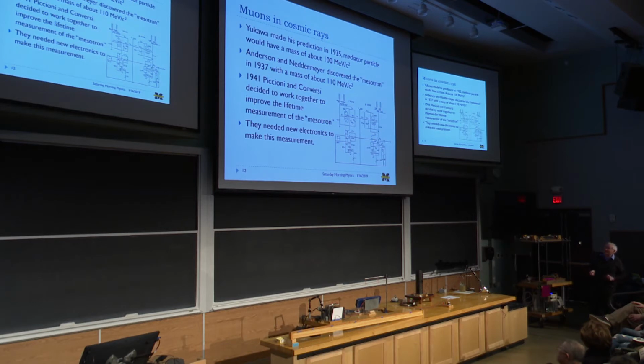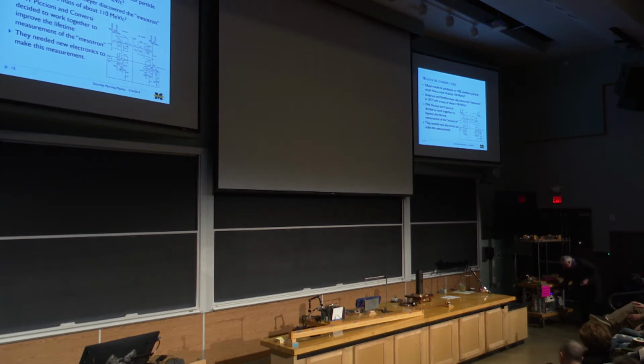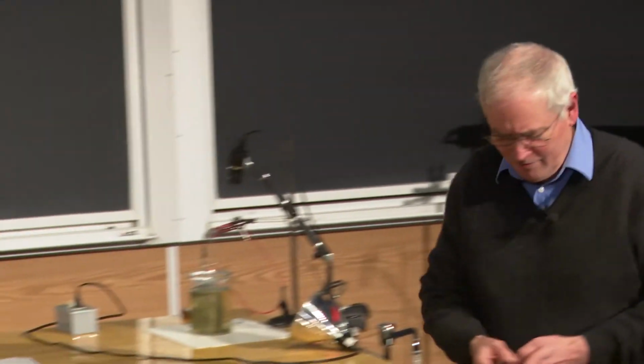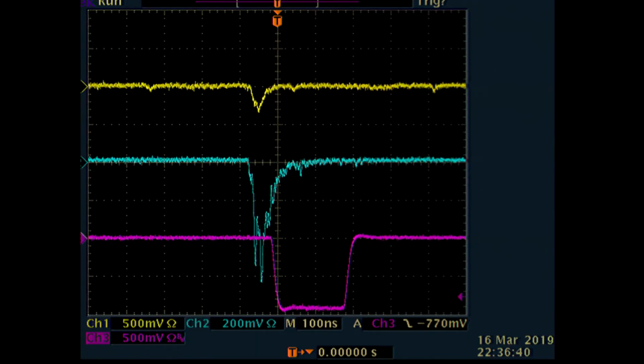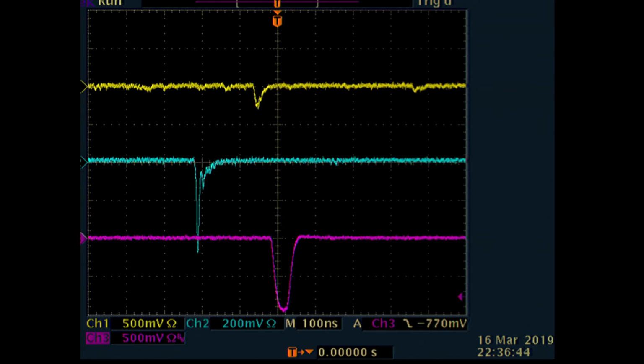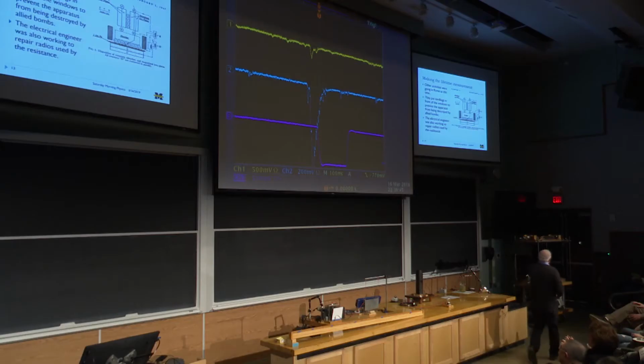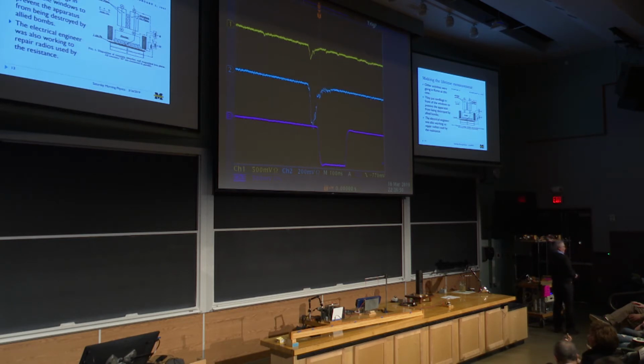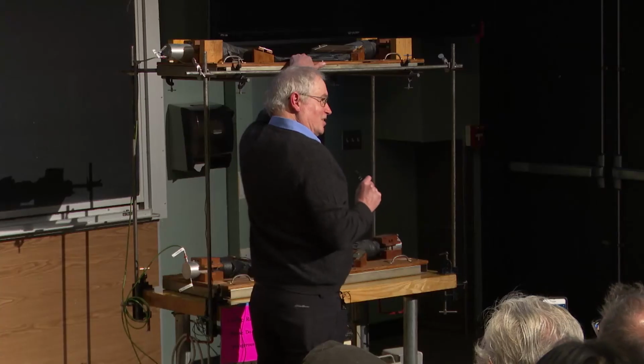In 1941, Piccioni and Conversi put together this kind of experiment. We have a model of this part of their experiment. So let me talk about what's going on here. We have a detector here, which when a charged particle goes through it, gives a little flash of light.